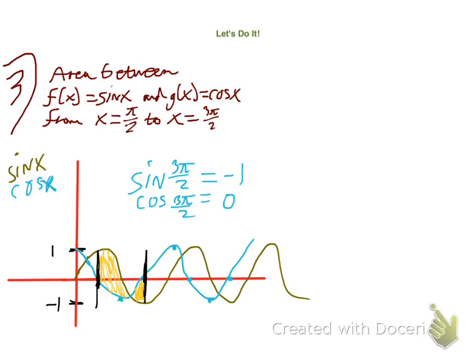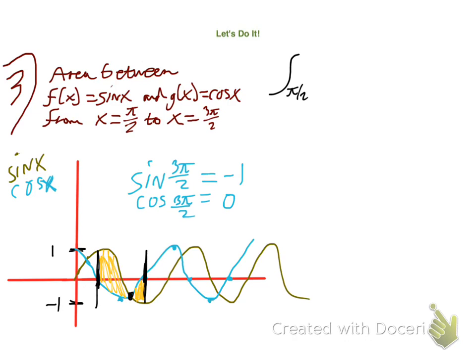So, what are our integrals going to look like? Let's do this area first. The bottom limit is that furthest to the left, the black line, which is at x equals pi over 2. And then the next limit is where the two curves intersect.